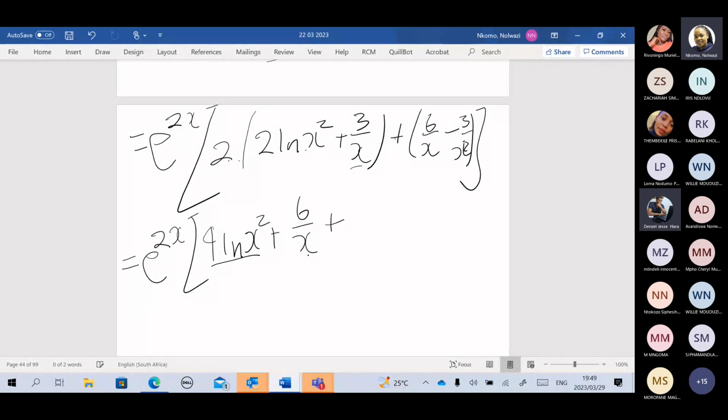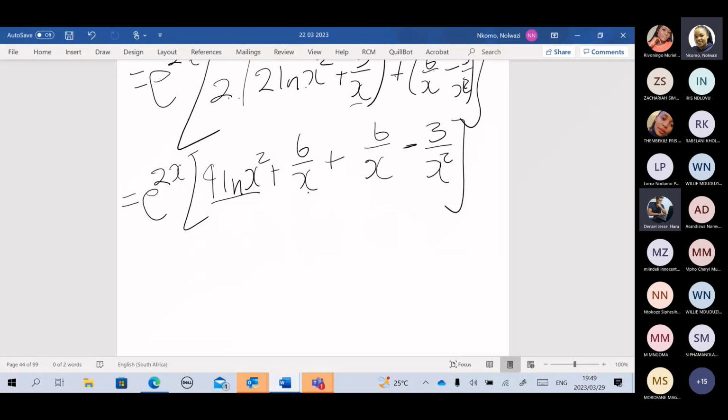Plus times minus this, it's minus 3 over x squared. So we have 6 over x and 6 over x. We add them, and we should get 12 over x minus 3 over x squared.